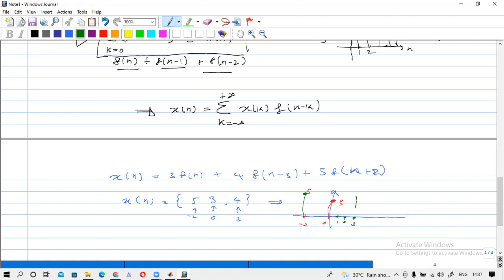So here it is 4 like this. Also minus 1 is 0. So this is my sequence, no? Agreed? This is the signal.